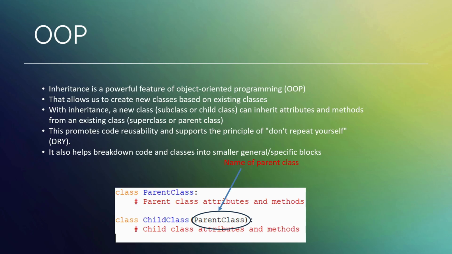So instead of defining color and model as attributes in all four classes, which are car, bike, truck, bicycle, we define these color and model in a parent class that is a more general class, and then we extend those in the child classes, which are car and truck, and in those we just simply say number of wheels, but the other attributes are taken from the parent class. So you see how this allows us to avoid writing the same piece of code again and again. So this is the purpose of inheritance.